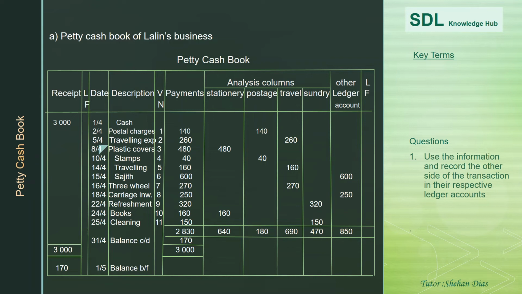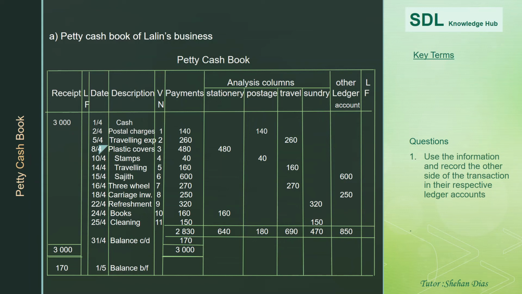Then we need to balance the petty cash book. The receipt column total will be used as the total for both sides, which is 3,000. This minus the payment of 2,830 will be the balance in the petty cash book. That will be shown as balance carried down at the end of the month and balance brought forward on the first day of the next month, which is the value 170.